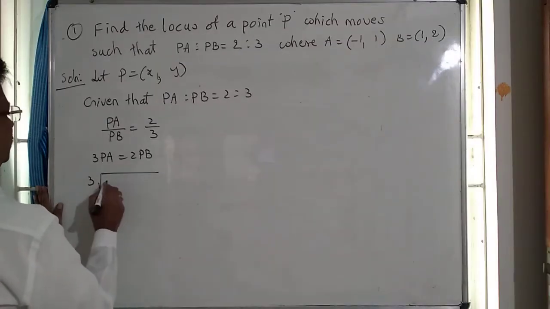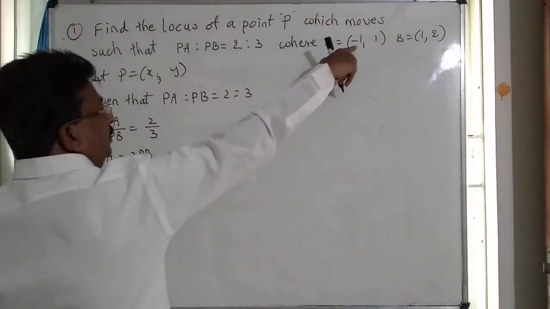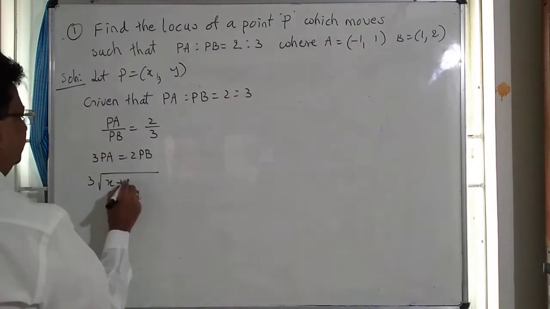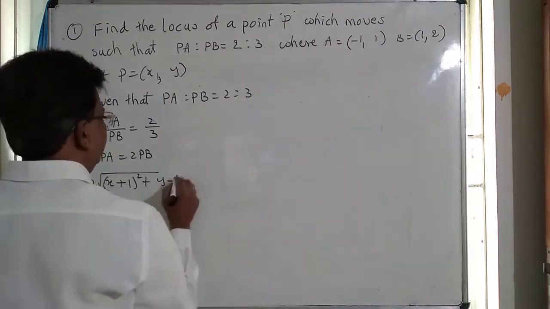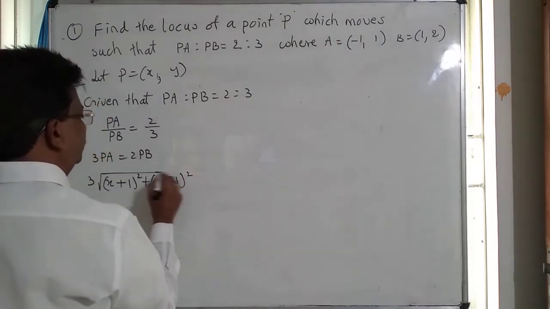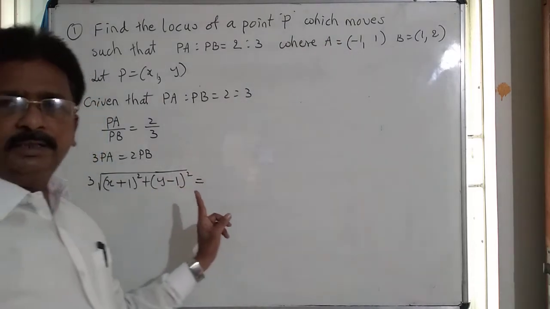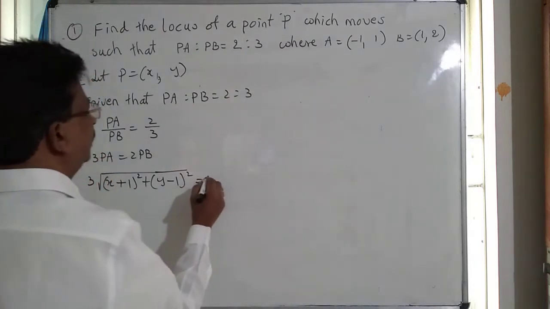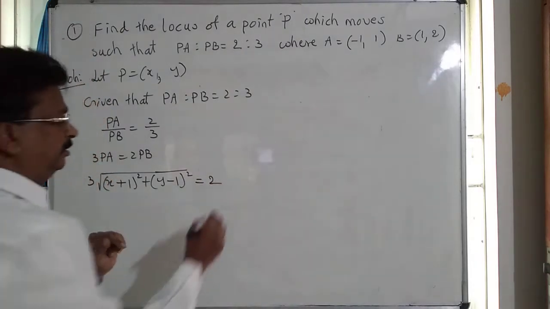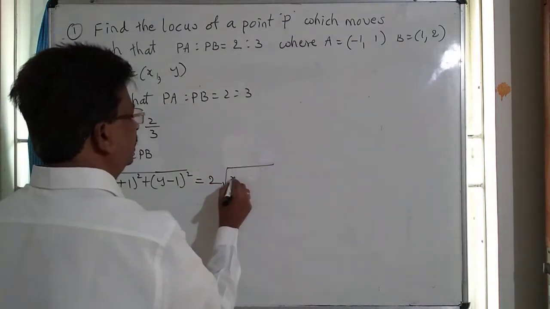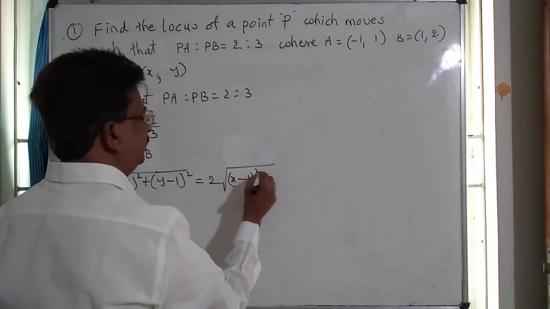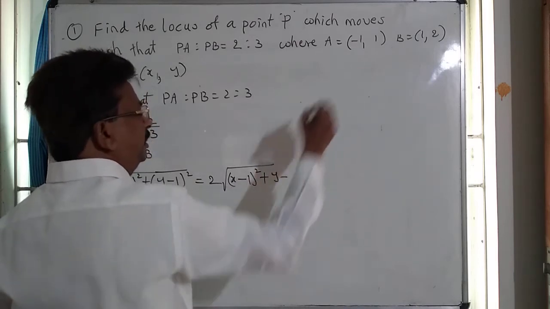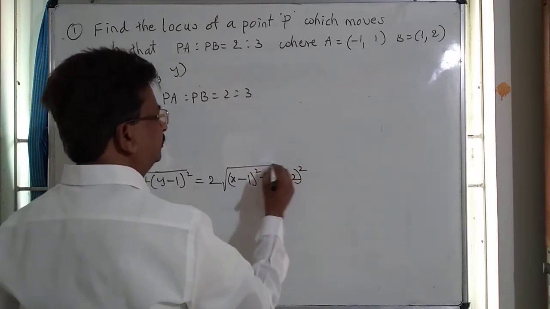So 3 into the square root of (x minus (-1)) whole square plus (y minus 1) whole square. This is PA, equal to 2 into PB, the square root of (x minus 1) whole square plus (y minus 2) whole square.